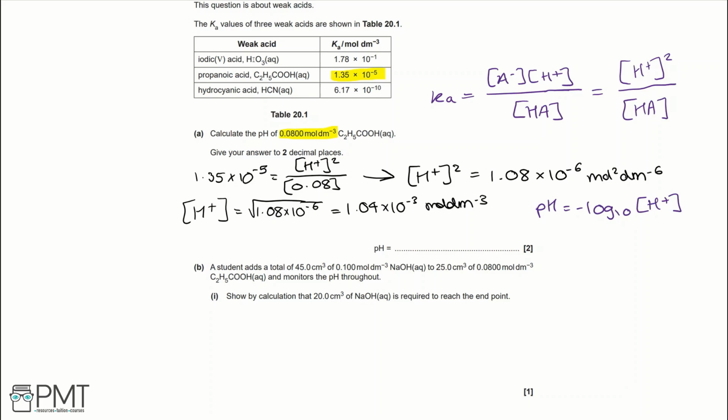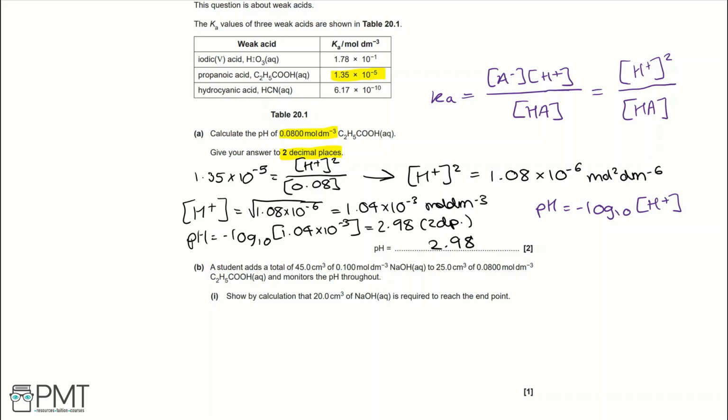We're going to give our answer to 2 decimal places. So pH equals minus log 10 of 1.04 times 10 to the negative 3, and that equals 2.98 to 2 decimal places, and that's what we're going to write on the answer line for this question, 2.98.